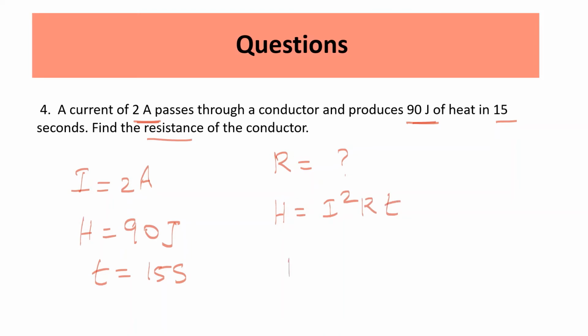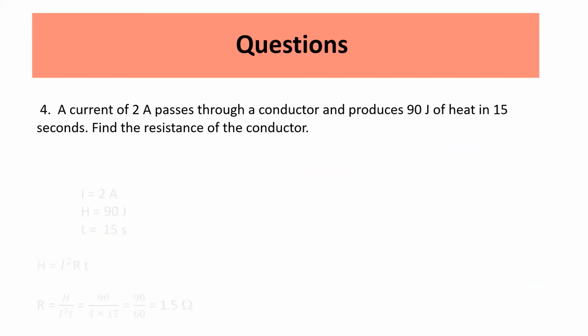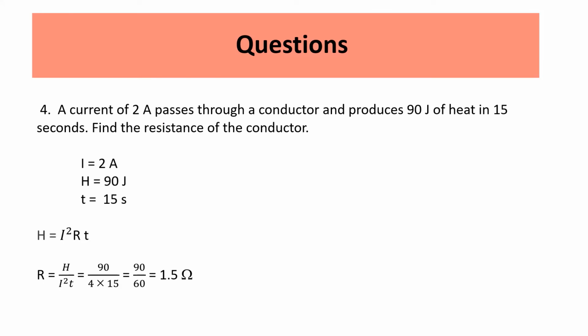From this, R is equal to H divided by I squared T. Substitute the values. H is equal to 90, I is equal to 2, therefore 2 squared is 4, into T is equal to 15. R is equal to H by I squared T. It is 1.5 ohms. The unit for resistance is ohm.